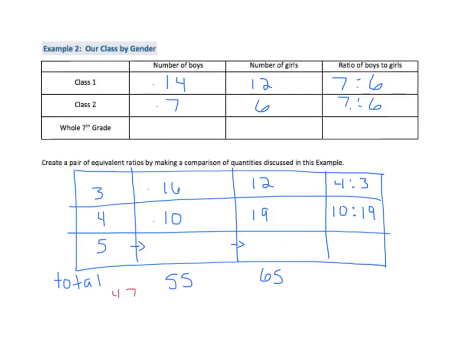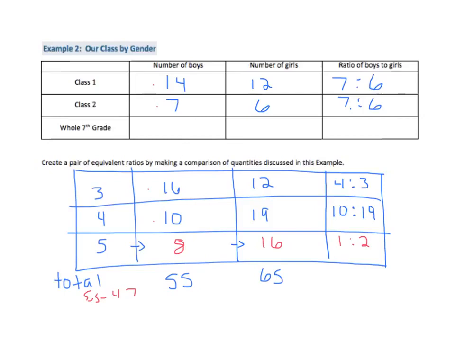So 55 minus 47 is 8. And if we do the same thing for the girls, we come up with 16. So that is 1 to 2. So 3 of the classes had more boys than girls, and then 2 of the classes had more girls for every boy.